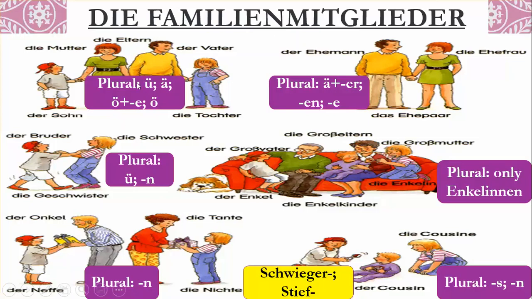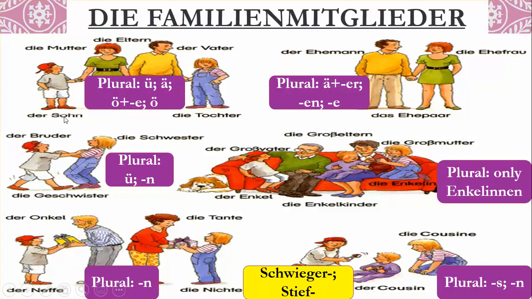The plural form for these nouns would be that you would have the U changing to Ü. So in plural, it will be die Mütter. The A in Vater will get the umlaut, so it will become die Väter in plural.